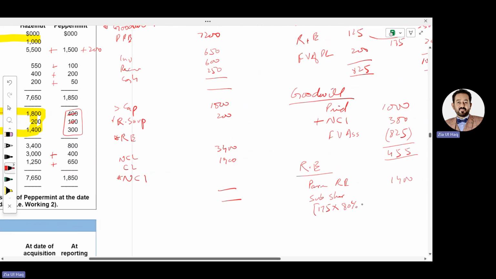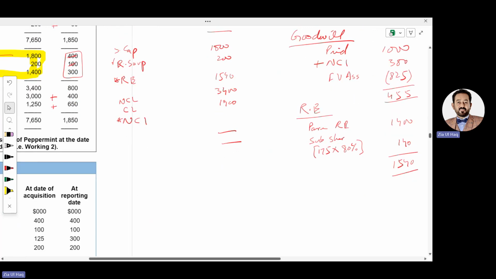What is 80% of 175? 140. So the total is 1540.